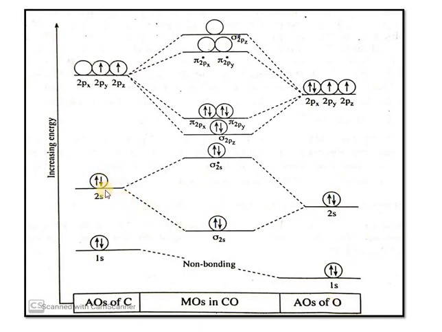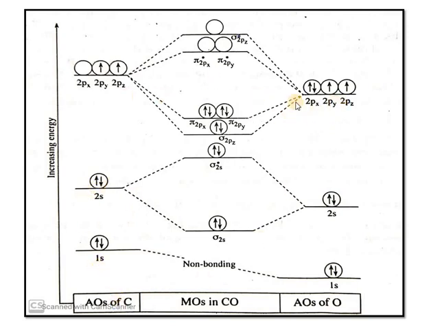But the 2s2 of oxygen and the 2s2 of carbon will have a large difference because oxygen is more electronegative. Therefore, the 2s2 of oxygen will have lower energy than the 2s orbital of carbon.